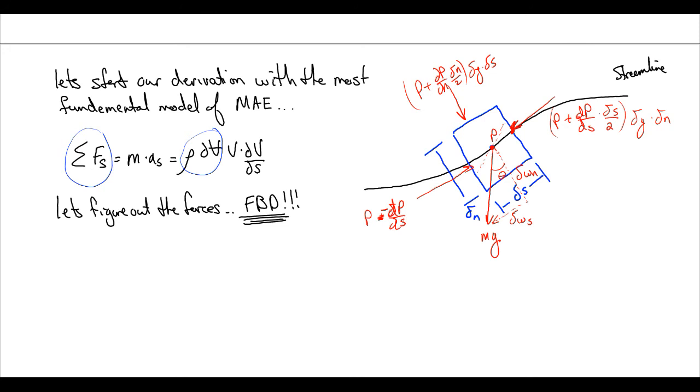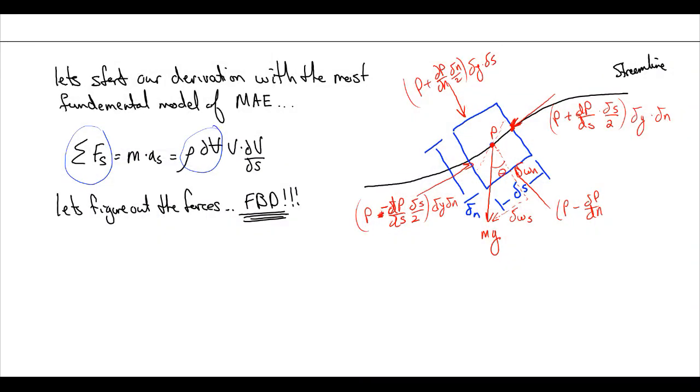So we're subtracting dP/ds times delta s over 2, and then multiplying that by delta y delta n. And then the bottom here, we have a pressure that is just P minus dP/dn delta n over 2, and then multiplied by delta y delta s. Great. So we have all of our forces now.